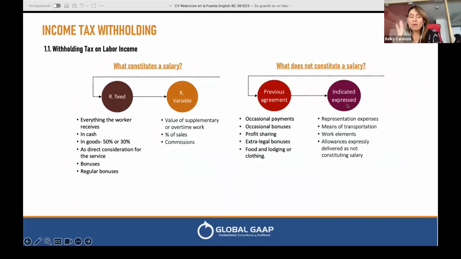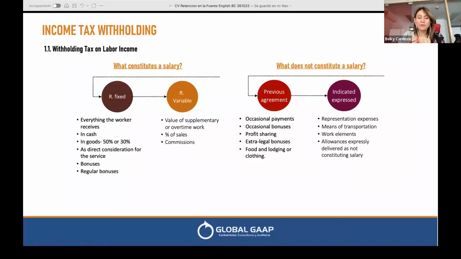Okay, and what is not part of the salary can be different. In this regard, it is very important to understand that what is not part of the salary has a different treatment, mostly for the company, not for the employee, in the Social Security payments.